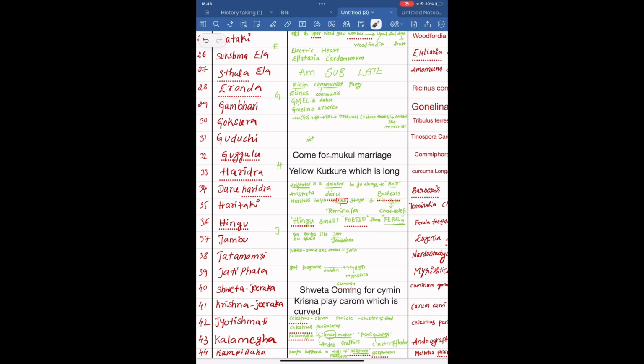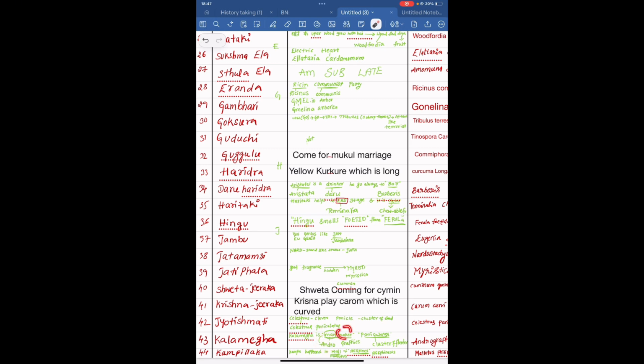Then Kala Megha. You already know the Kala Megha meaning. What is Kala Megha? Kala Megha is a man maker paniculatus. Here man gives the andro. The word andro is a synonym of man.